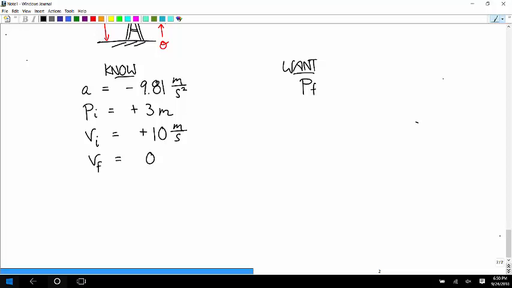Okay, so is there a constant acceleration equation that works with this? Third one, yep. So we're going to use 2a times the quantity pf minus pi is equal to vf squared minus vi squared.